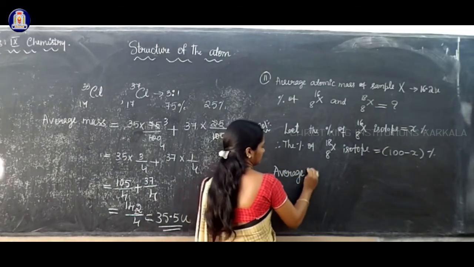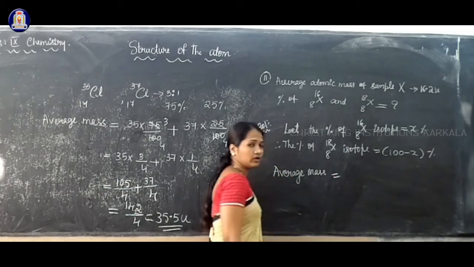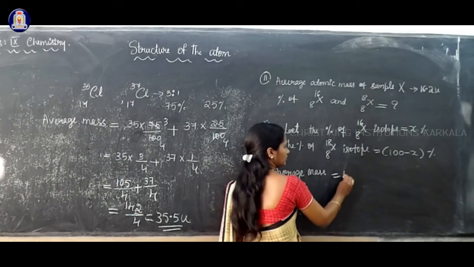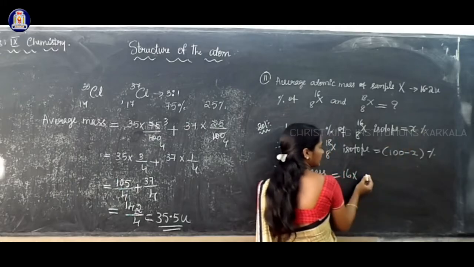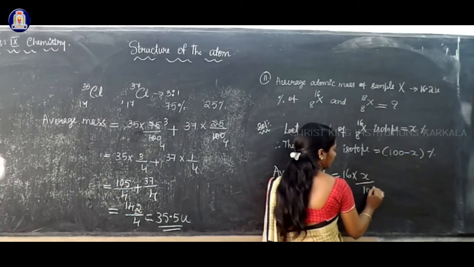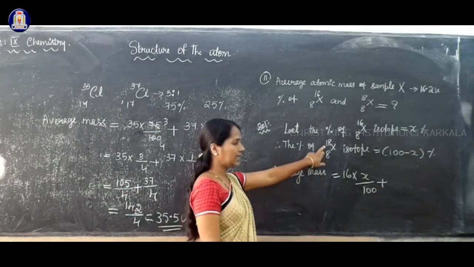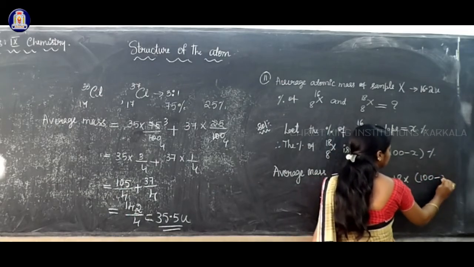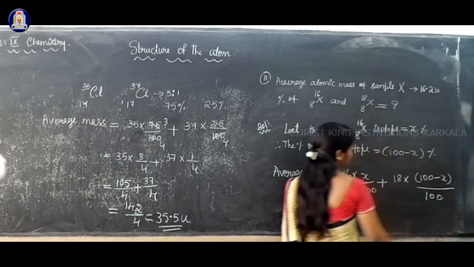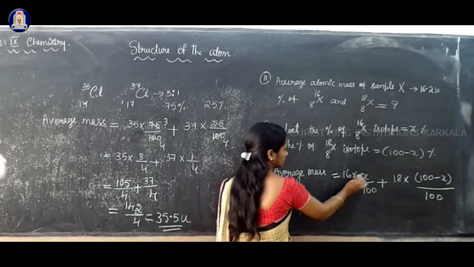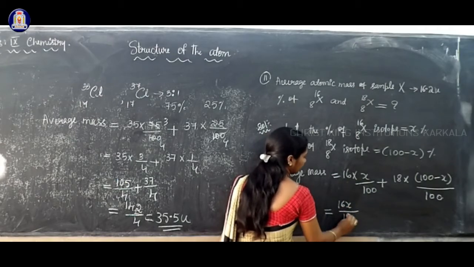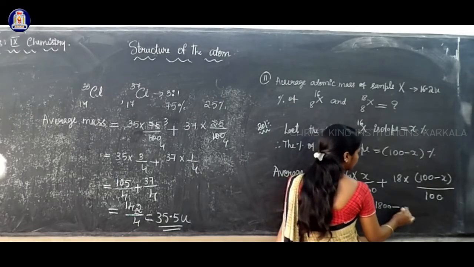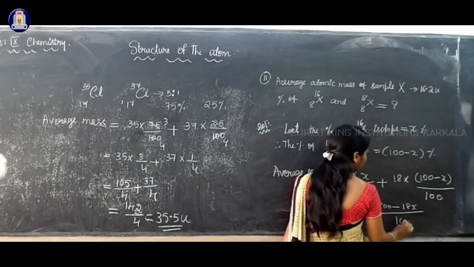Now, we will go for the calculation. Average mass is equal to the mass number of the first, that is 16, into its percentage, x percent, in the sense x divided by 100, plus the second one, 18 mass number, into 100 minus x percent divided by 100, which is equal to 16x divided by 100 plus 1800 minus 18x divided by 100.